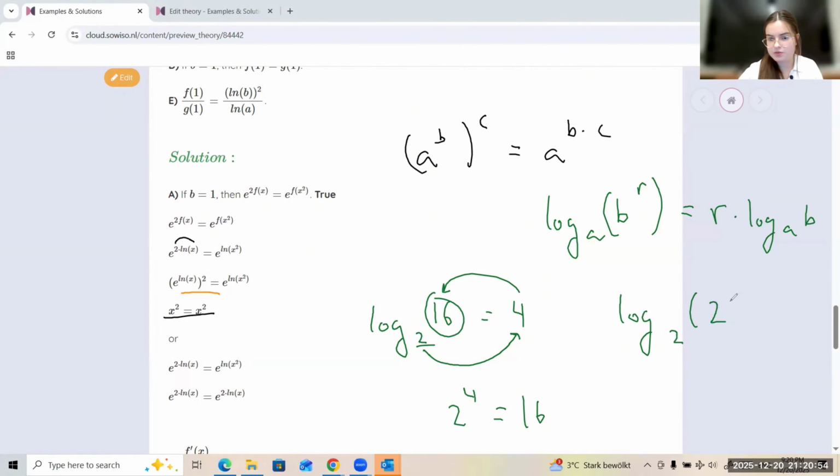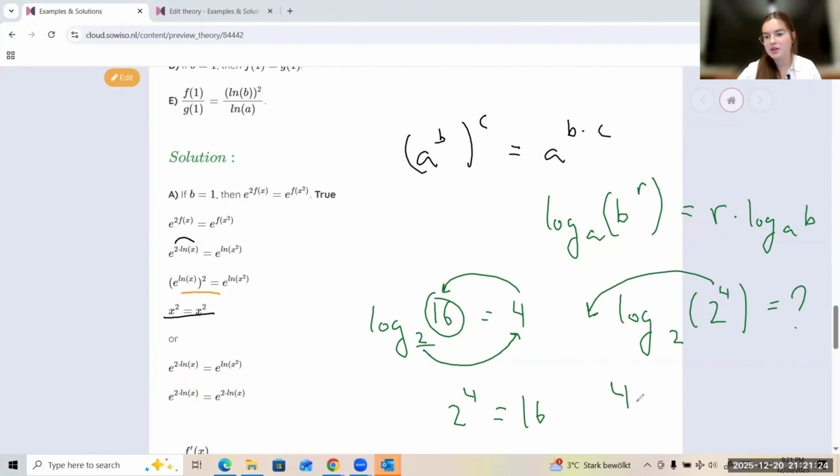What you could also do is, if you have it this way, logarithm of 2 to the power of 4, and to what does it equal? Here it's very obvious, but what you can do to solve it is put the 4 in front.